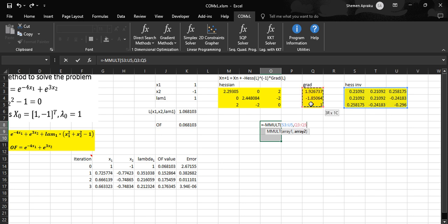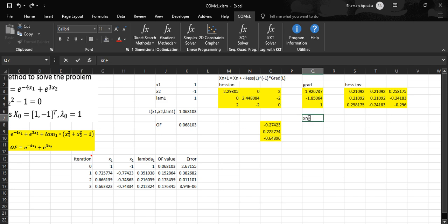matrix multiplication, this Hessian inverse times the grad. Now I Control Shift and I enter. So we have this as our increment, and now this plus the starting point is what will give me the next values of the function variables on the first iteration.